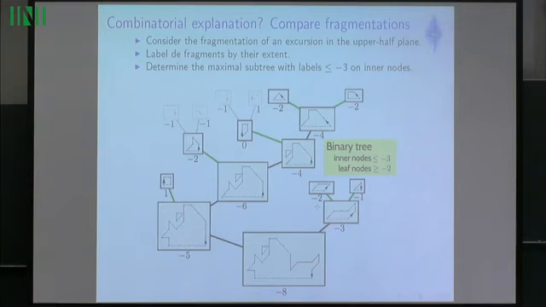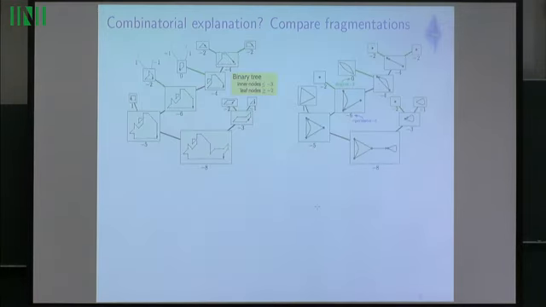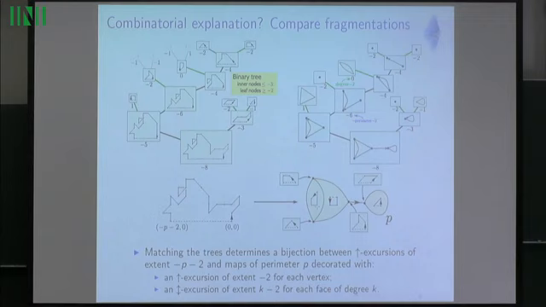Okay, so I got this binary tree with labels on them, and if you paid attention, you actually see that I get the same binary trees on both sides with the same labels. So in fact, what one can do is extend this procedure as a bijection from the excursions in the upper half plane of extent minus p minus 2 to planar maps with boundary length p, just by matching these trees.